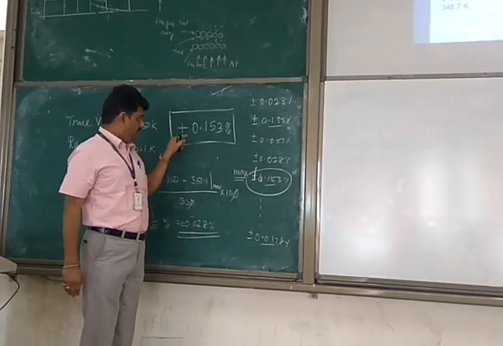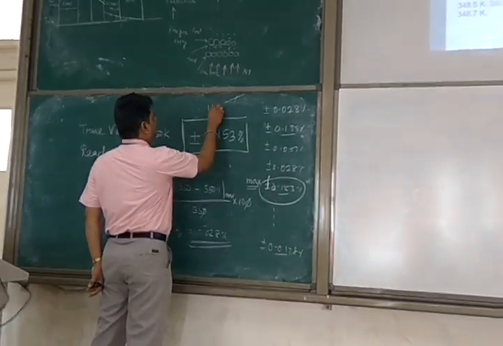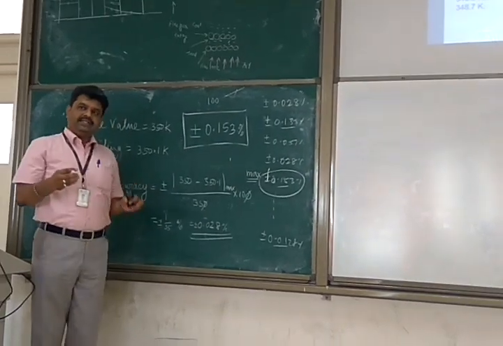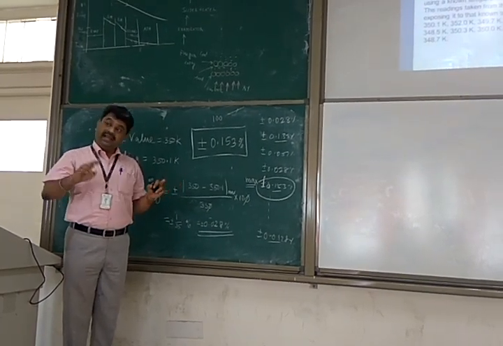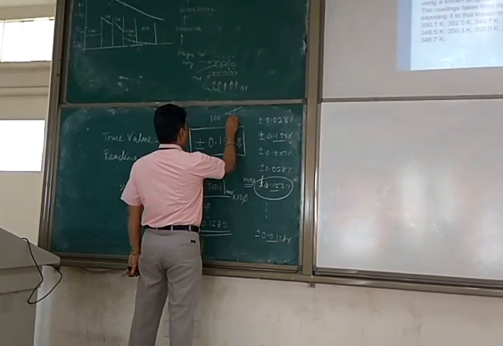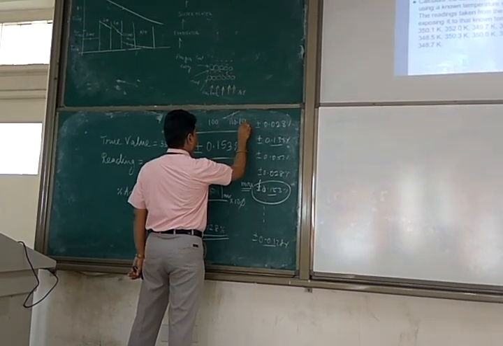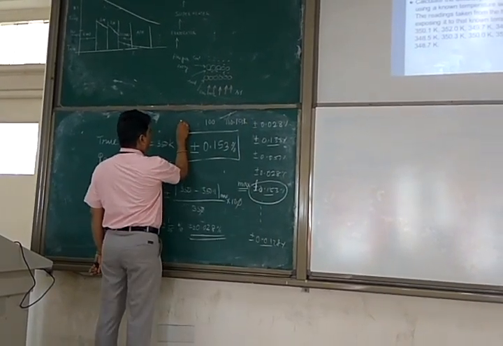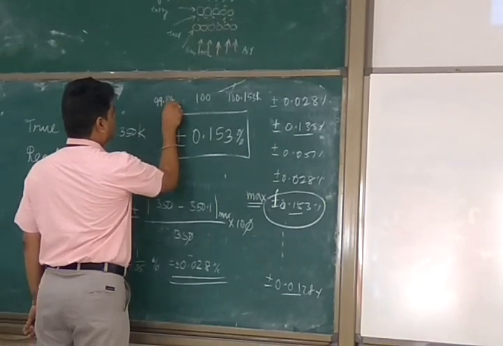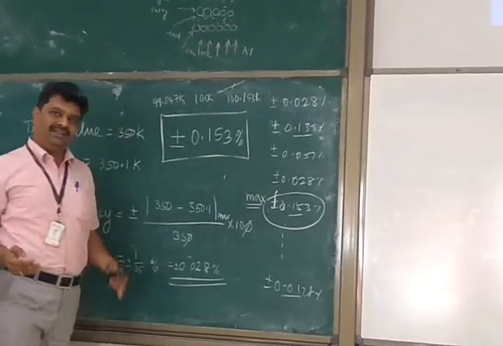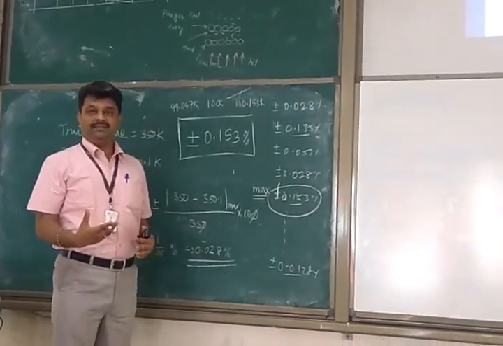Yeah, I'm saying by this plus or minus sign, what I'm saying is, suppose I measure a temperature of 100 degrees Celsius, I'm saying the error in that instrument or the actual temperature can vary anything between 100.153 Kelvin and 99.847 Kelvin.